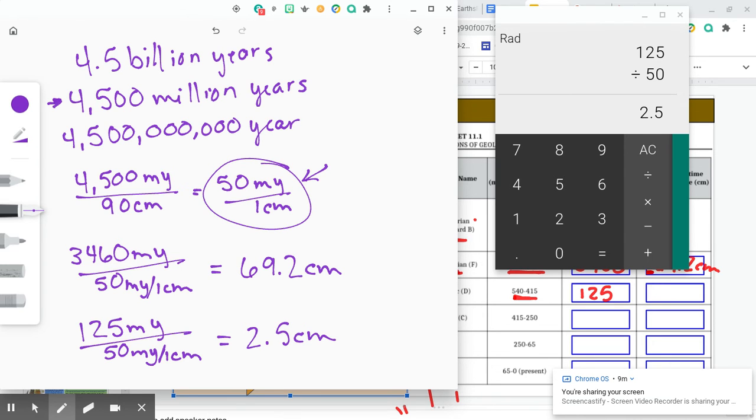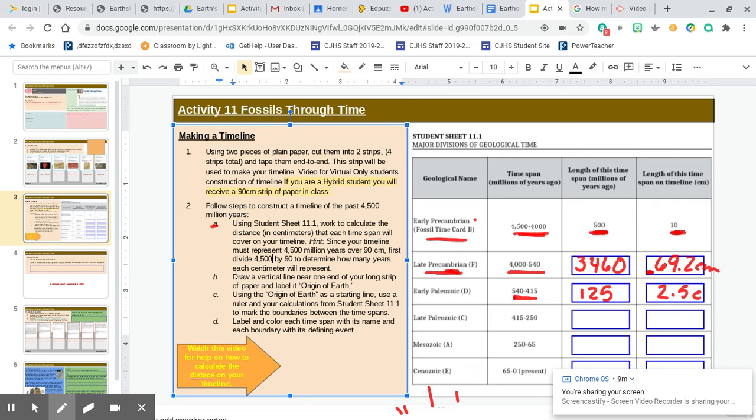So back here we'd write 2.5 centimeters in length. After you finish all of your calculations, you have 3 more to do here.